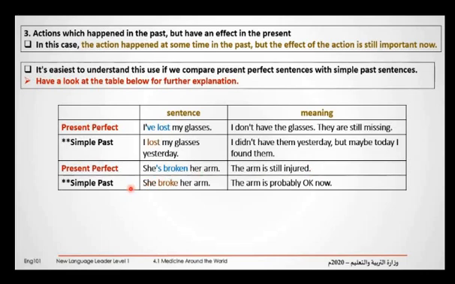But if you use it in the simple past and said she broke her arm, the arm is probably okay now. Now you can have 1 minute to write down any notes or just screenshot this page.